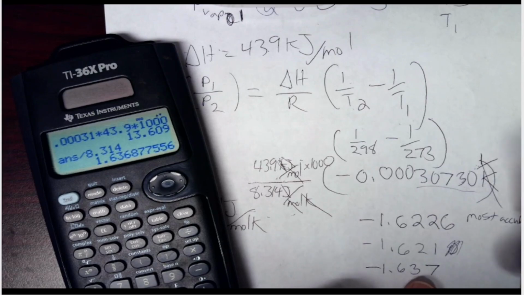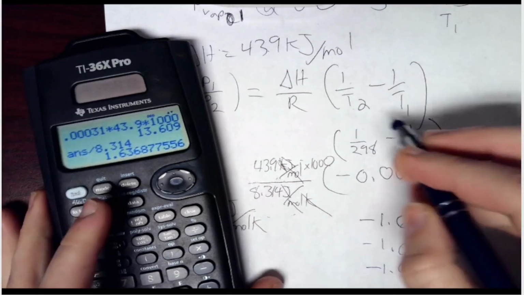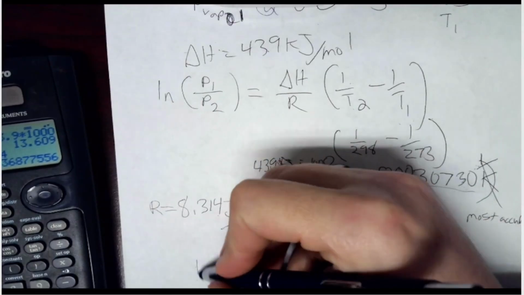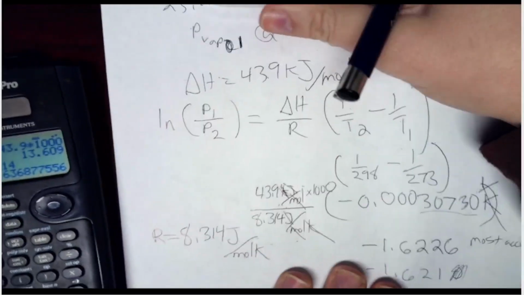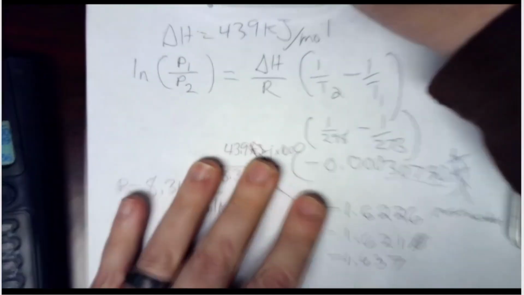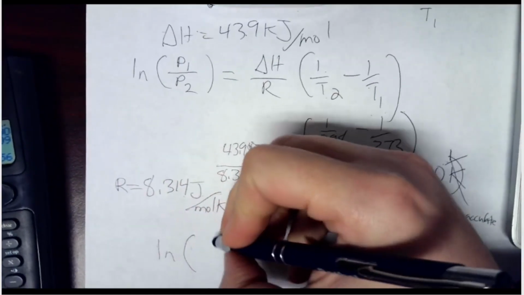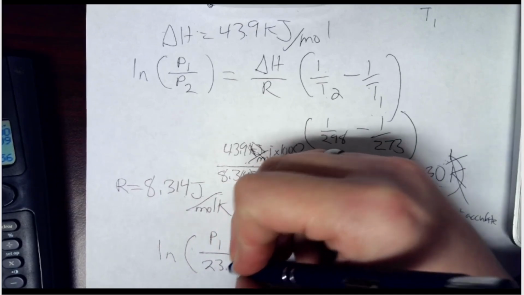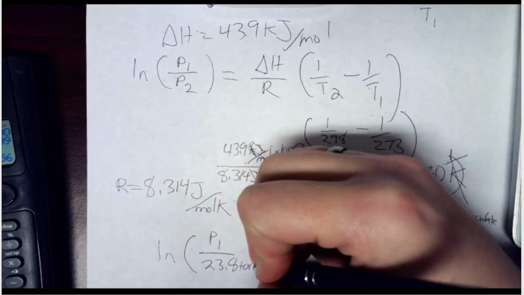So, right here, I've solved for the right half of the equation. My left half of the equation reads like this. Because I have said this is P2, I have ln P1 over 23.8 torr.